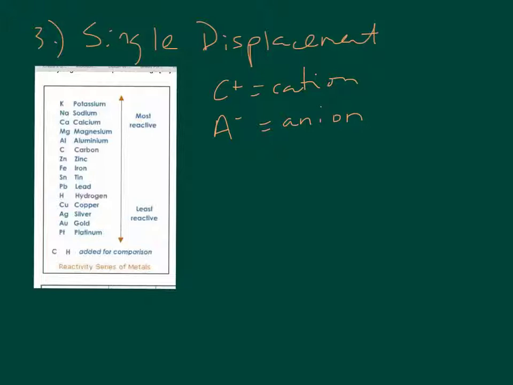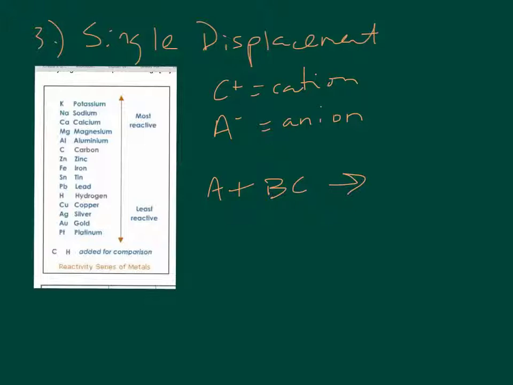So let's look at the general equation for a single replacement reaction. If I have element A plus compound BC, I'm going to get some type of product.